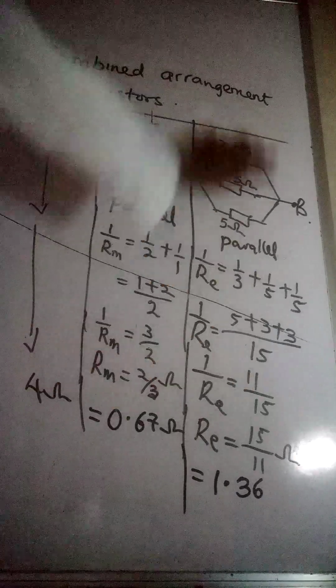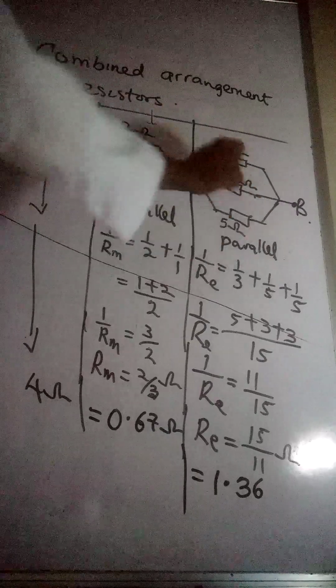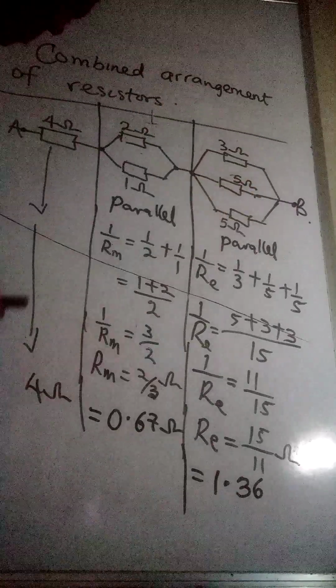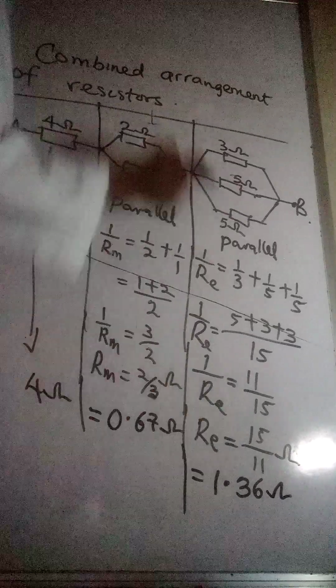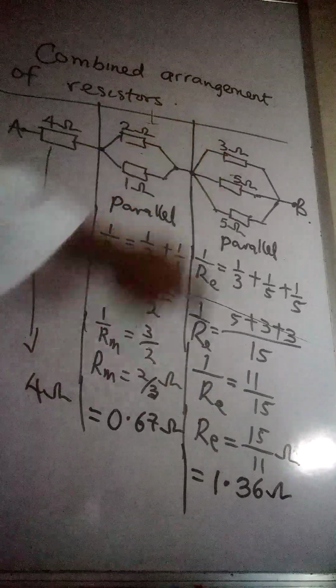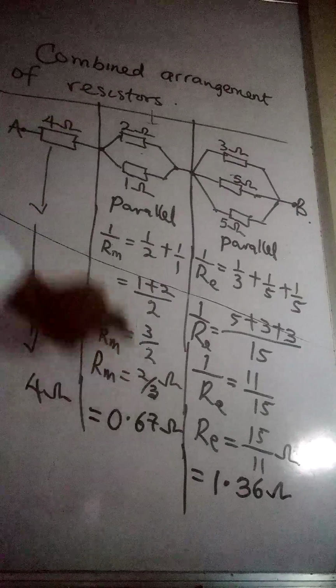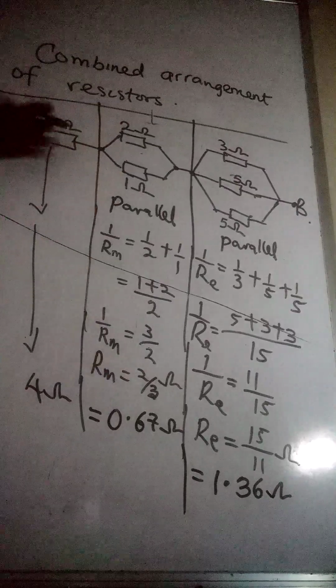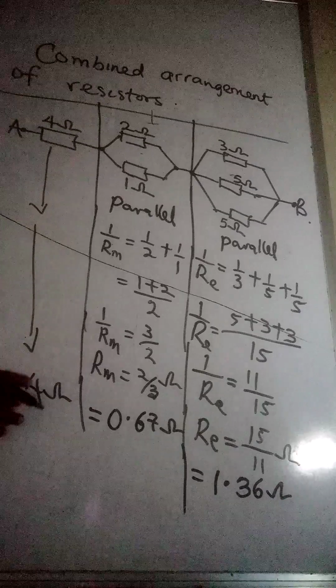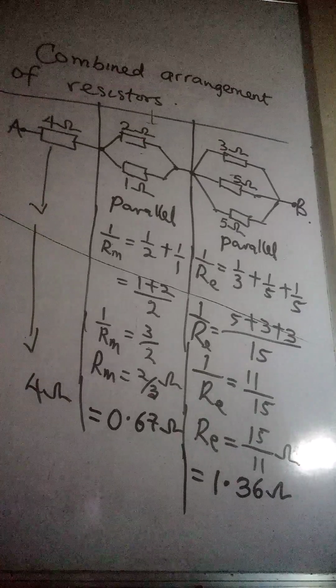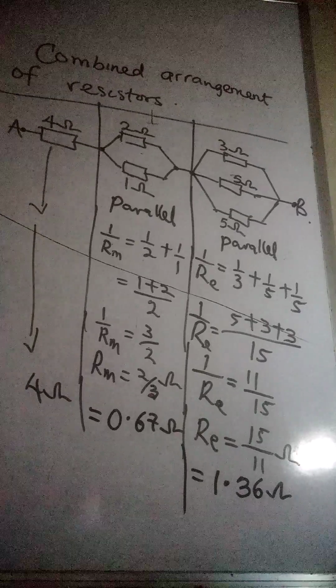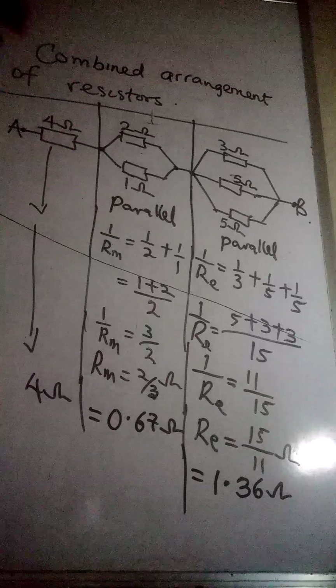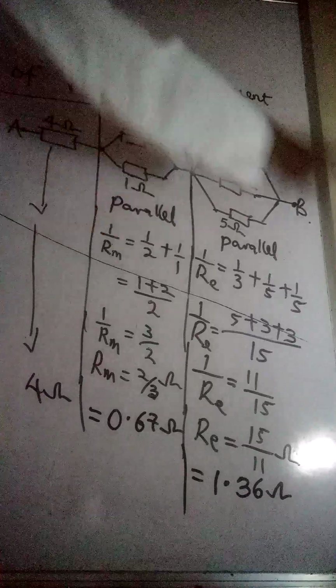That is, this one we have at this end, or these three, which are parallel. This is the result: 1.36 ohms. You notice that 1.36 is not up to 3 or 5. Notice that 0.67 is not up to 2 or 1. So, this 4, which is alone, is carried down. It remains the same. It is now we will find the total resistance for the whole of them.